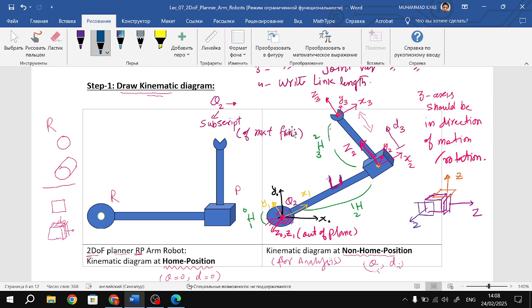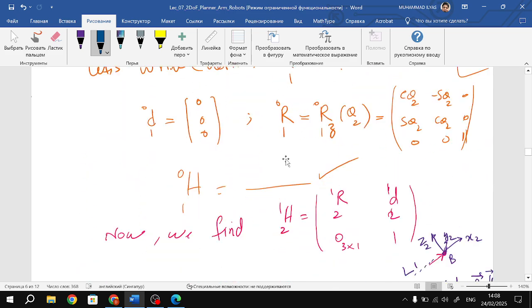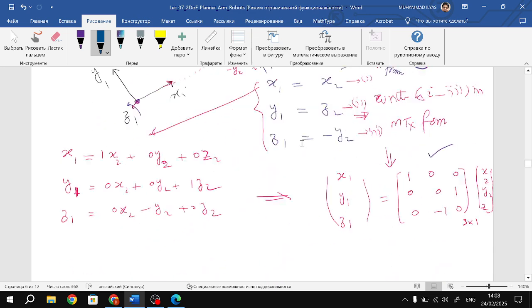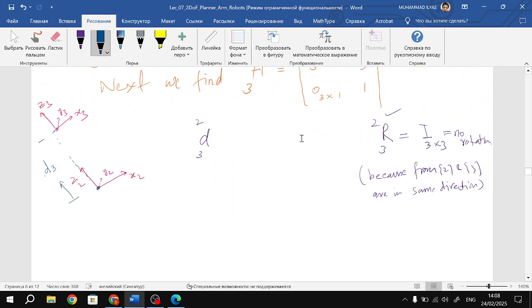If this rotates, we have only one revolute joint, but this one is not revolute, it is prismatic, so it can go up and down. We can make any kind of robot, but the steps will be the same. You have to follow all these steps.